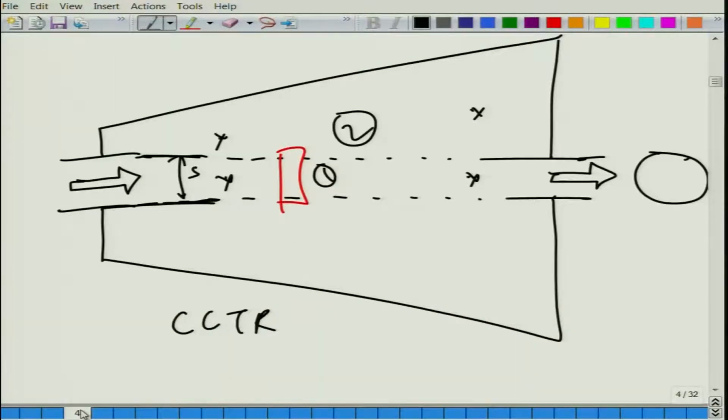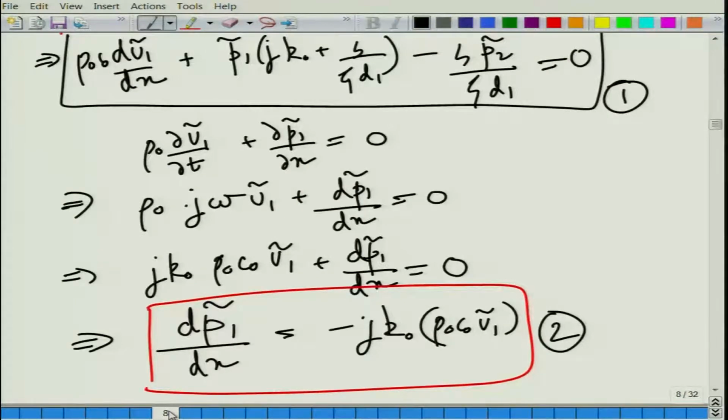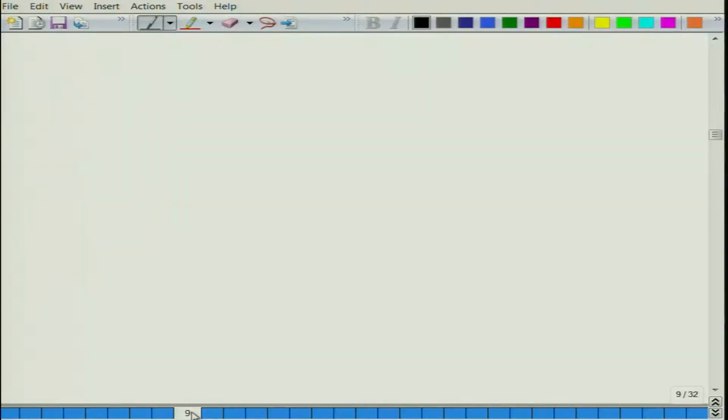So, remember this configuration, the outer duct has a gradually varying flare, and this will show up in the momentum equation, the continuity equation of this duct. What happens is pretty much the same.